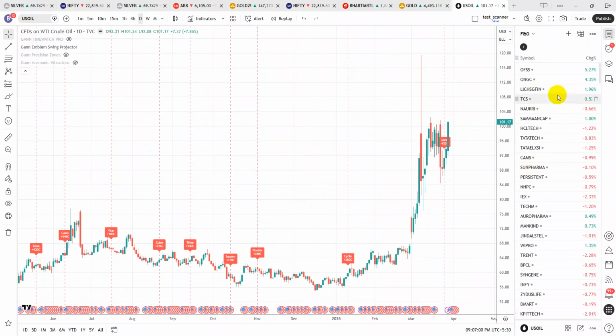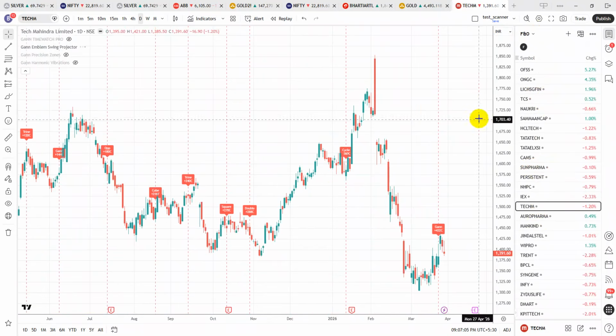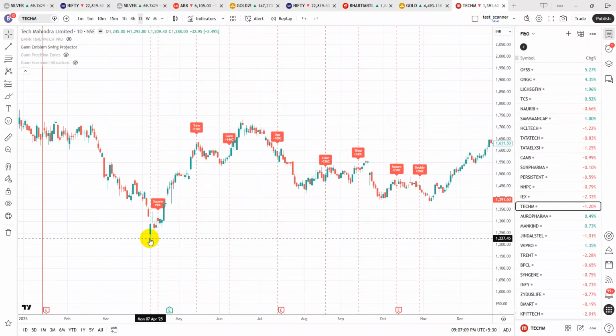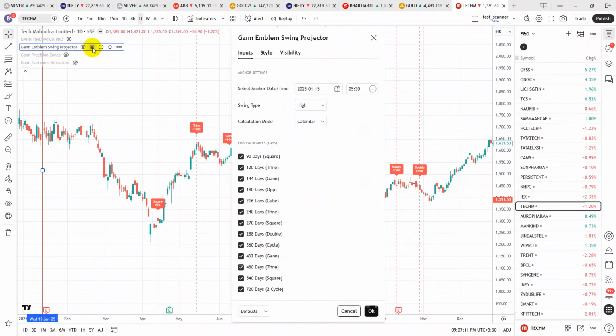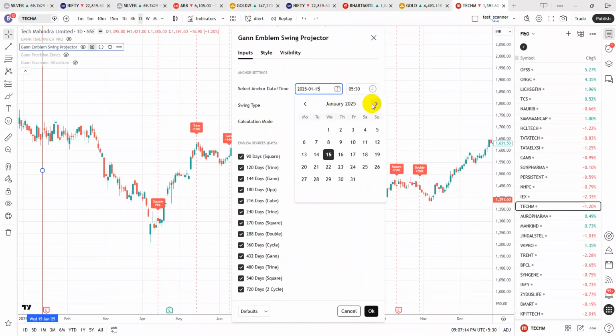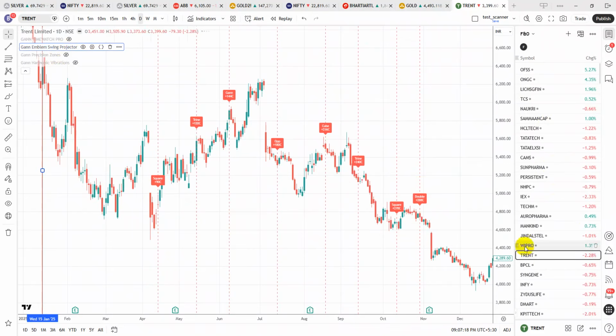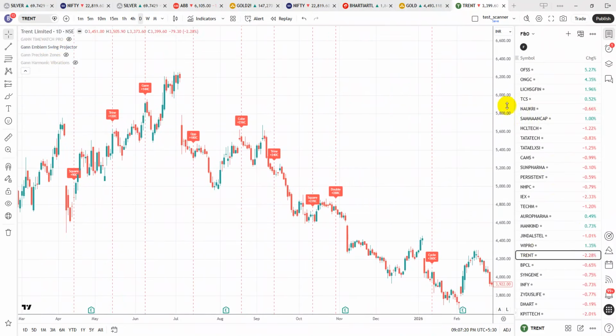Let's take FNO also as an example. Let's take Tech. It made a bottom here, 7th April 25. Select here 7th April. Anyways, we have seen 7th April big moves are coming. Let's take Trent as an example, something different.